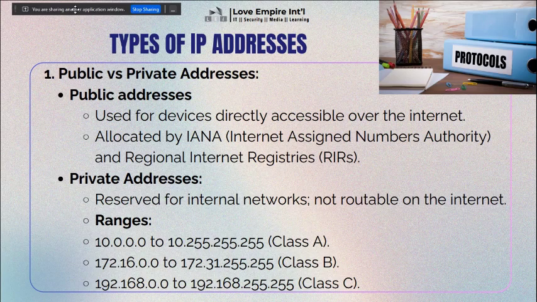The classes of IP addresses that fall under the private addresses are class A, class B, and class C. If you're looking at your screen, you see the range for each of these classes. So let's move on.